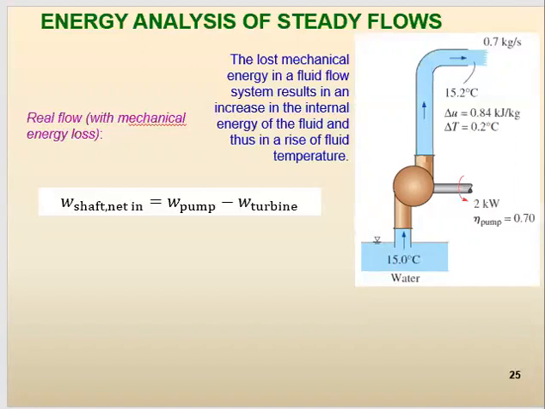So let's say there is no heat transfer. You may have some pump or turbine, and you may also have frictional loss. Also, you don't want to ignore the losses that you have between the flow and the walls.